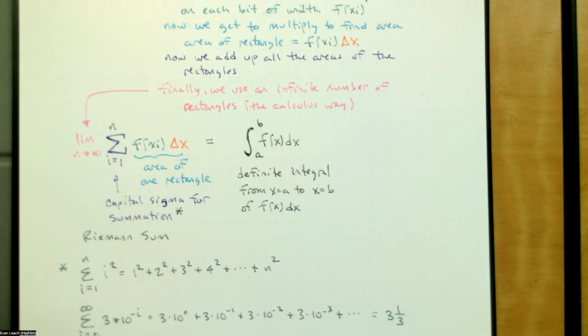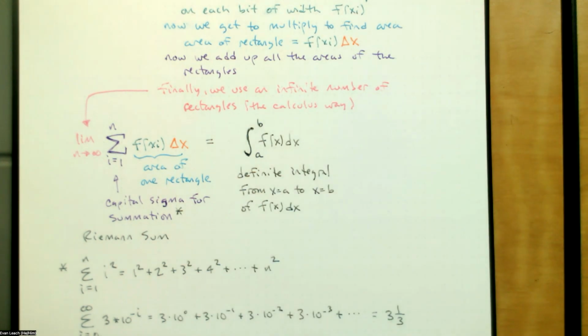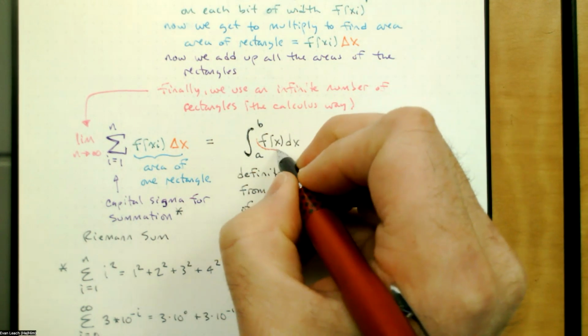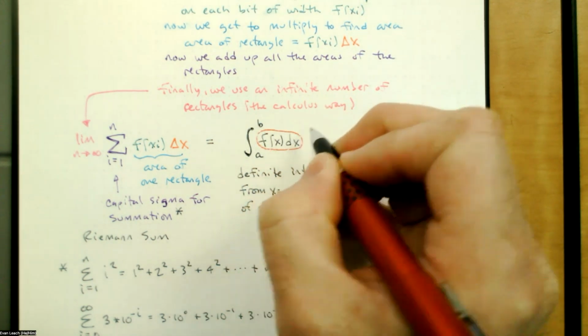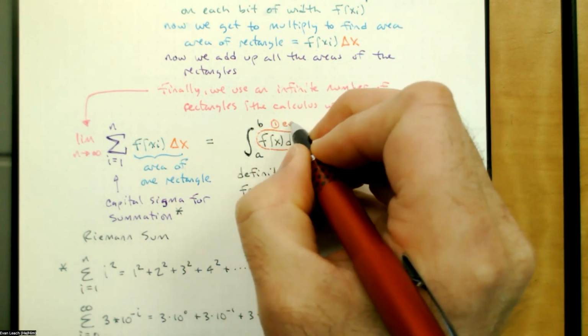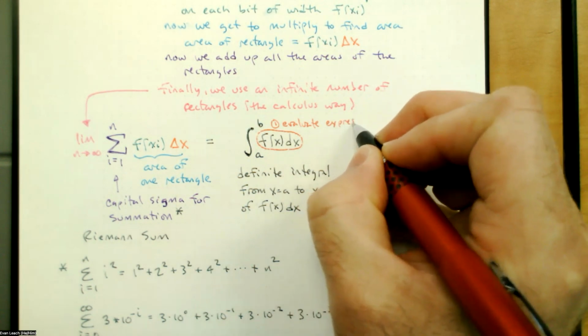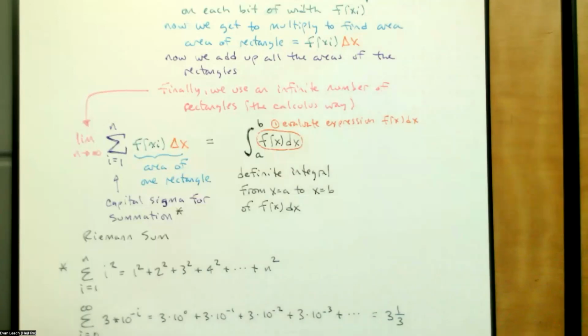So this first part up here, we're going to take this expression, f of x dx. Then the integral part, the integral from a to b, is saying all the x values where you should do this.